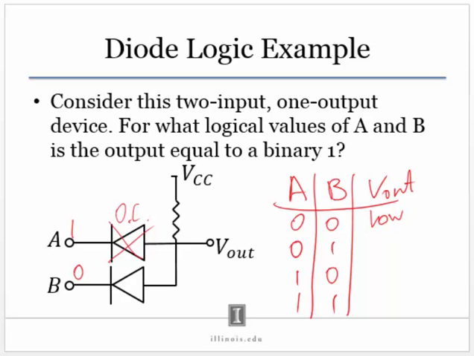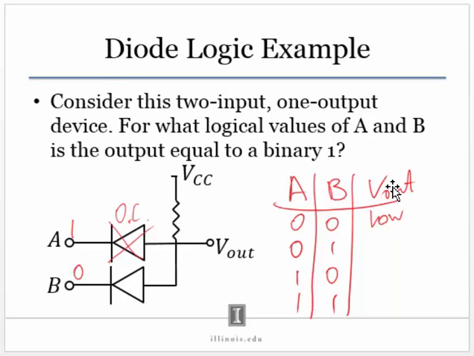But the other diode is still conducting, and therefore at the output voltage we're still going to have 0.7 volts. It's not letting me write there, so I'm just going to leave it like this.